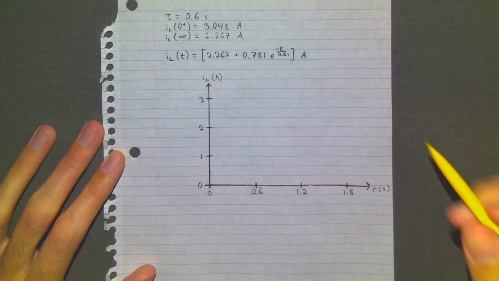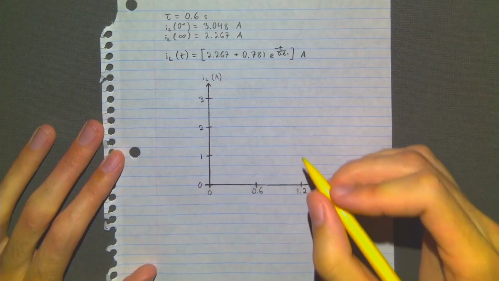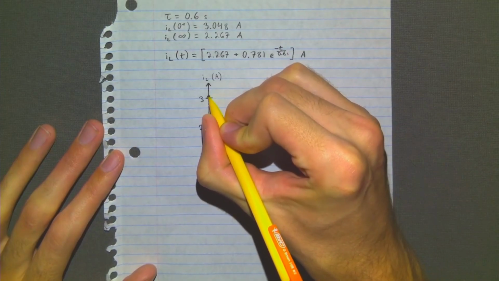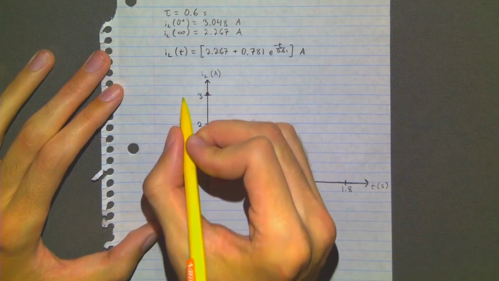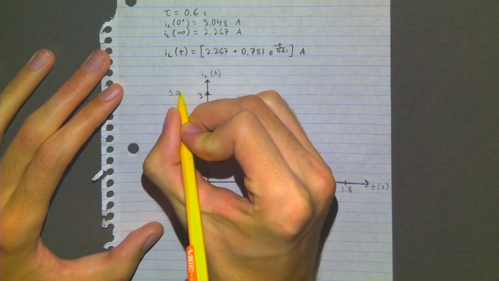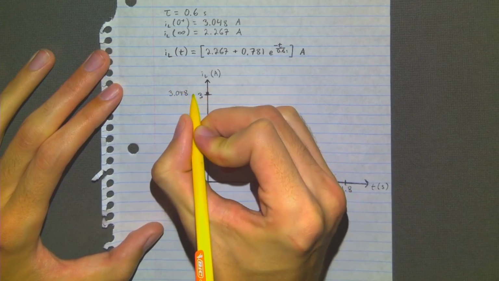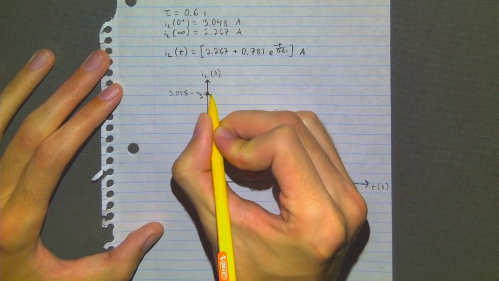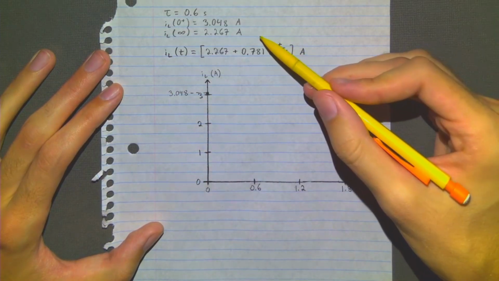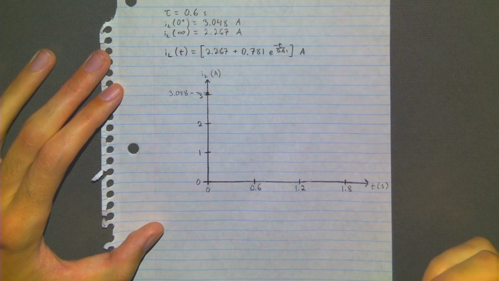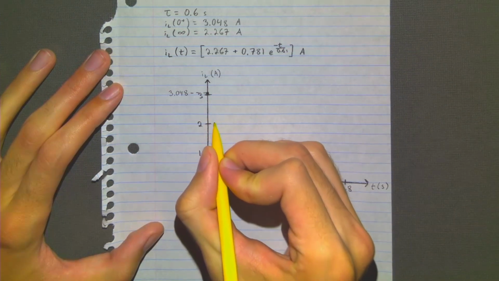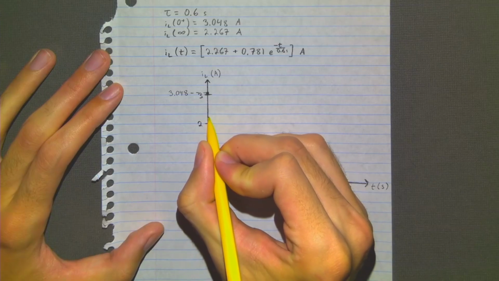And we can mark our initial value for the current, 3.048. And we know that the current is going to asymptotically approach the final value. So we can draw an asymptote at 2.267, right about here.